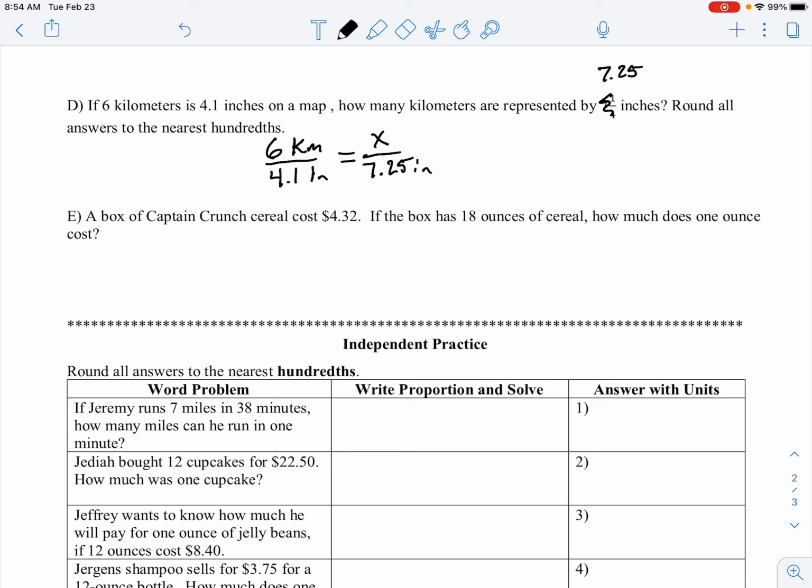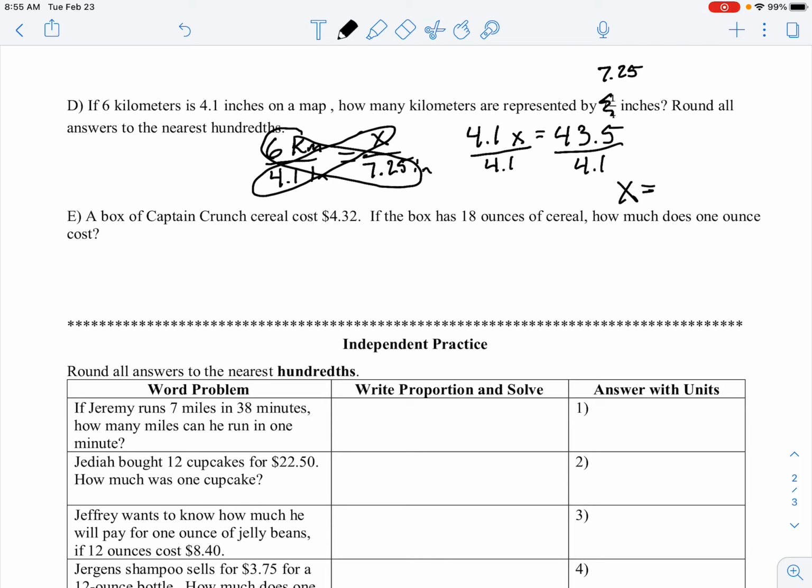We've got our proportion set up, so cross multiply. 4.1 x will be equal to 7.25 times 6, which is going to be 43.5. Final step here, divide by 4.1, divide by 4.1, and x will be, how many kilometers is this? Divide by 4.1.